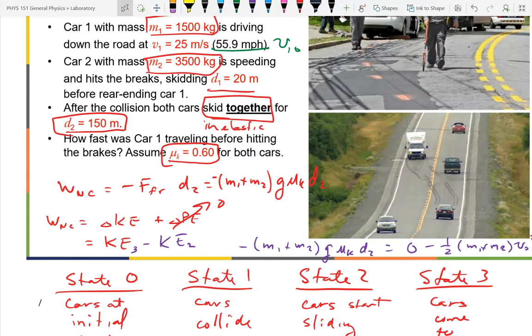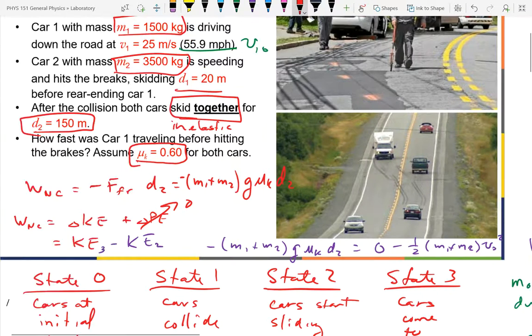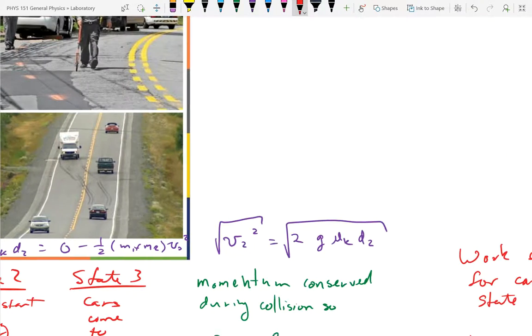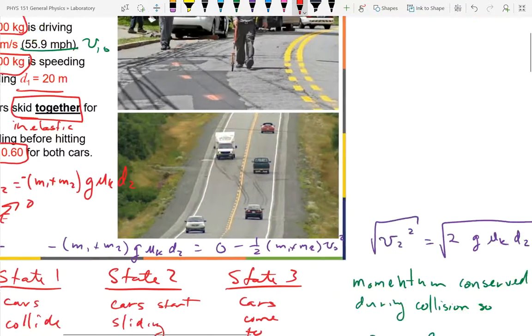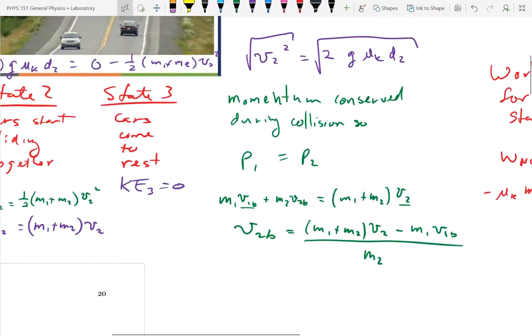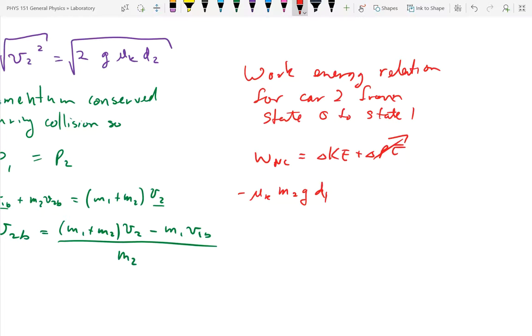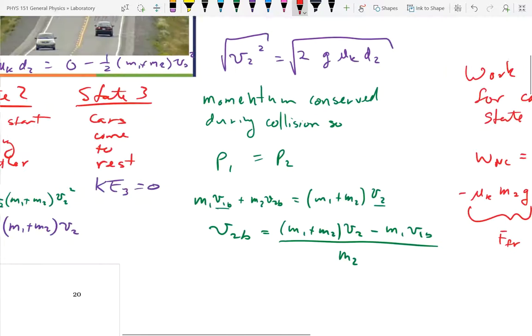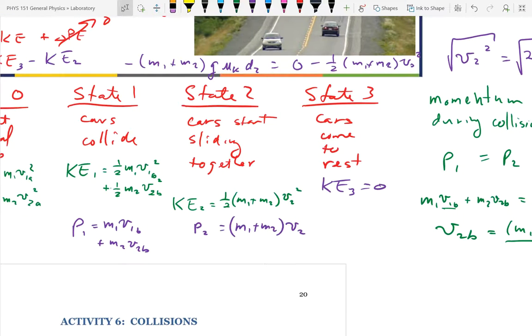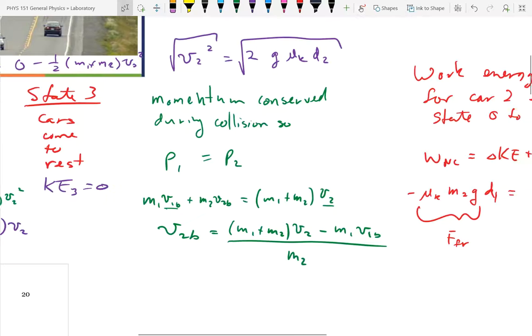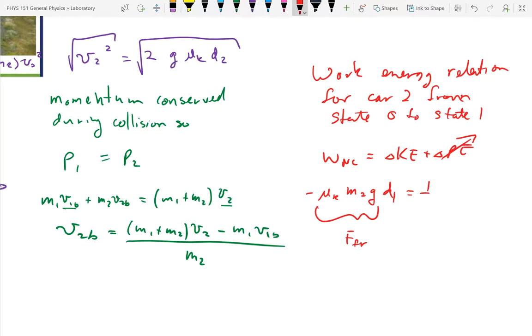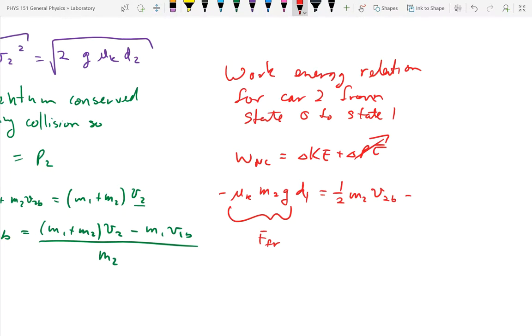Let's see, I used D, I should use D. Oh, I did have D2 there. It wasn't a mistake. So try to skip the distance D1. So this is the force of friction times D1 is equal to the kinetic energy just before the collision, which is minus at the beginning.